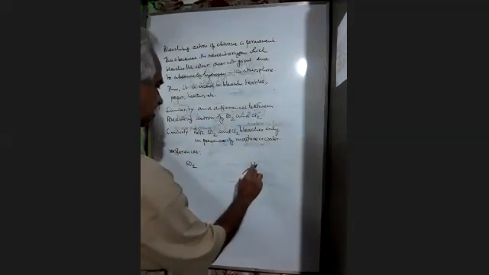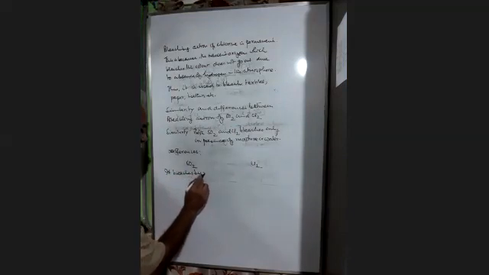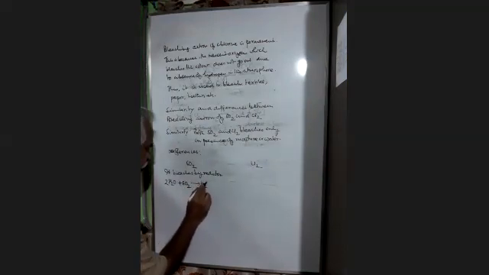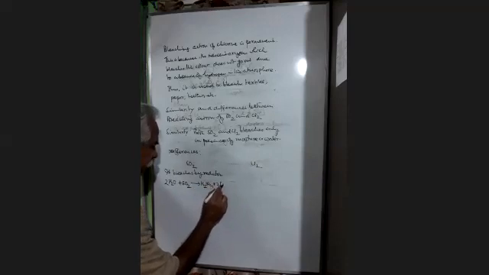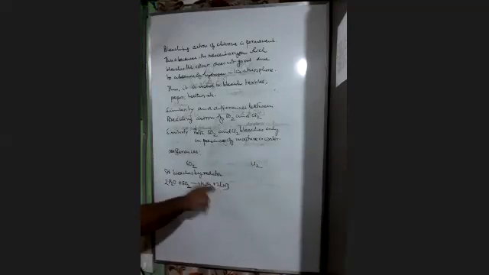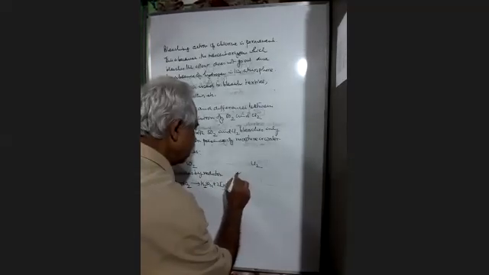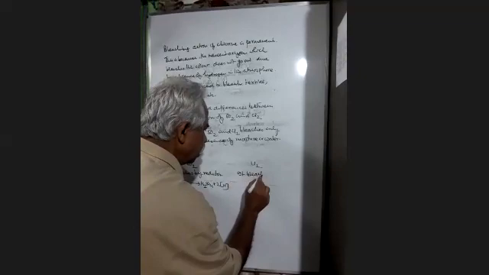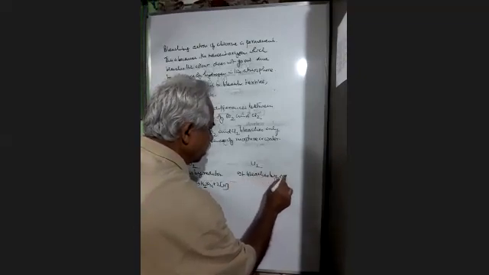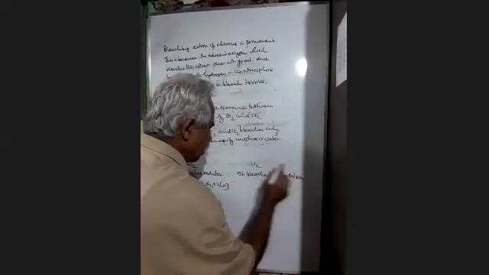Differences: sulfur dioxide and chlorine. It bleaches by reduction. See here, H2O, sulfur dioxide, H2SO4 plus 2 hydrogen. So this is the one which bleaches. It bleaches by oxidation.